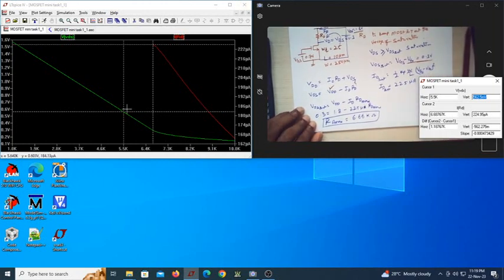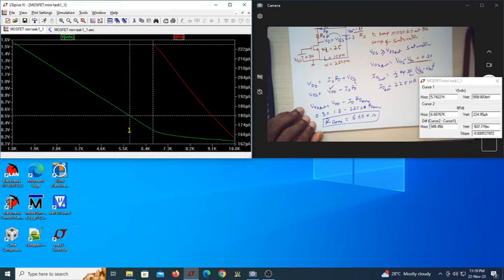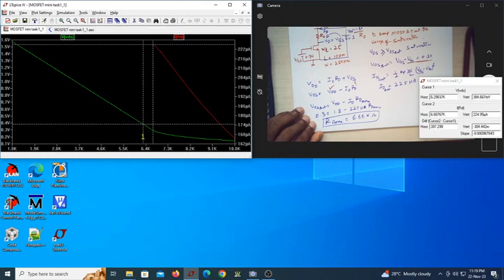So when it is coming closer to 0.3, just have an eye on this. You can see now I'm just keep reducing. You can see now it is going closer to 300 millivolt. Okay, I'm very close to that. You can see just past it.